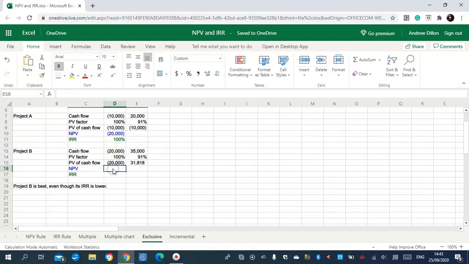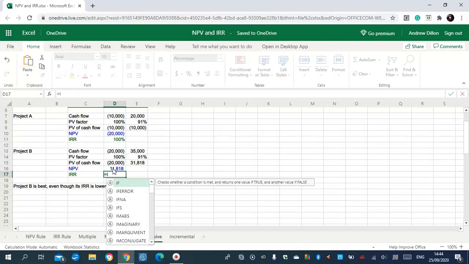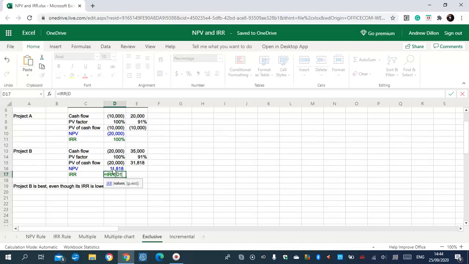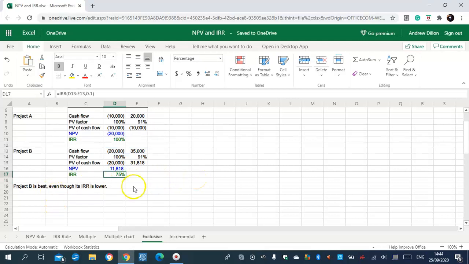Now into the net present value. So I need to do now the internal rate of return. And that answer is 75%. It says project B is the best, but the problem is the internal rate of return in project B is lower.